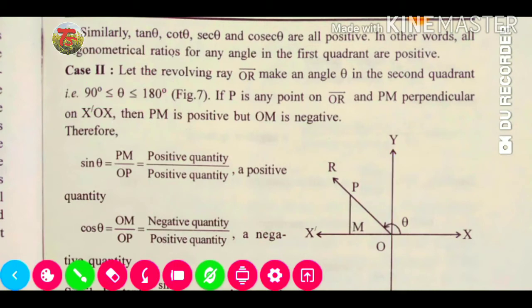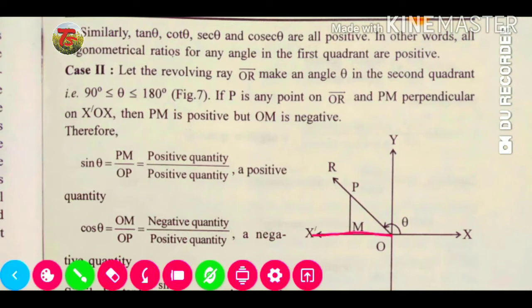If P is any point on OR and PM is the perpendicular on X'OX, then PM is positive. Why is it positive? Because this portion along OY is in the positive direction, and OM will be negative, because it is in the negative direction of the x-axis.